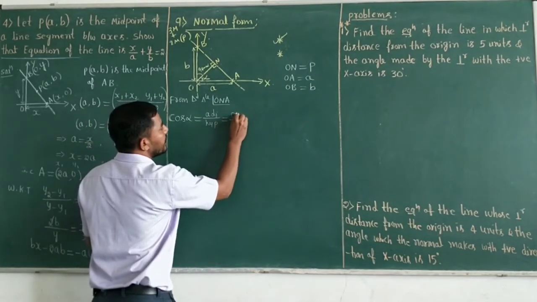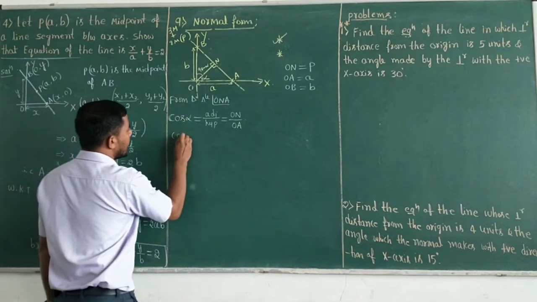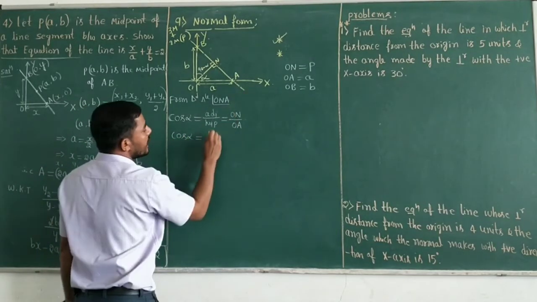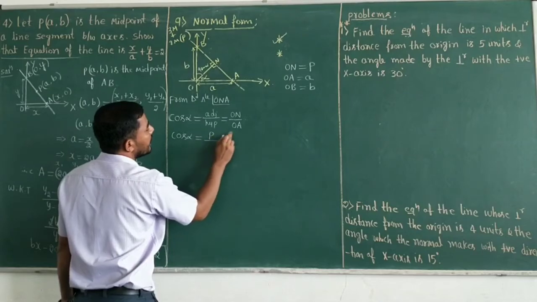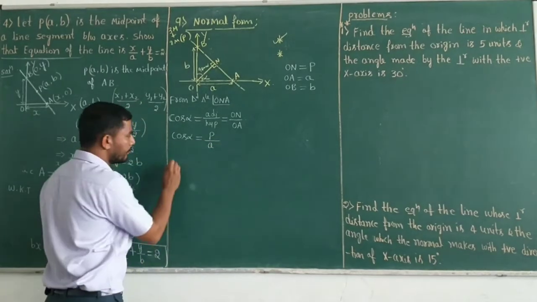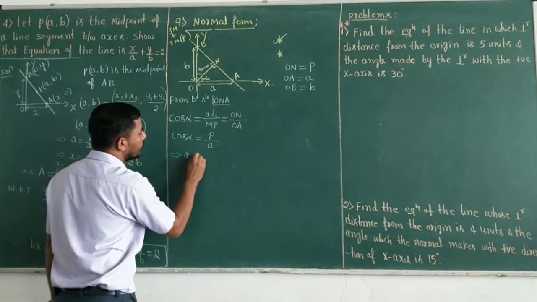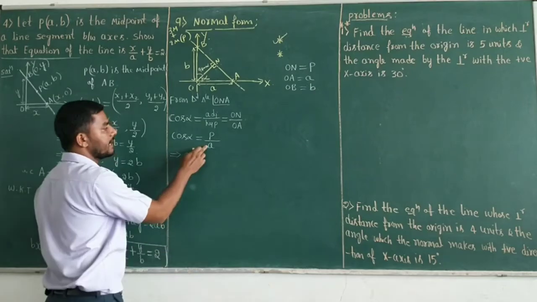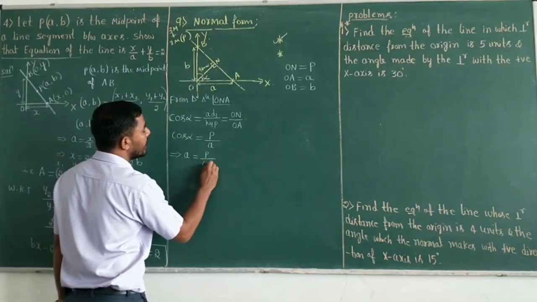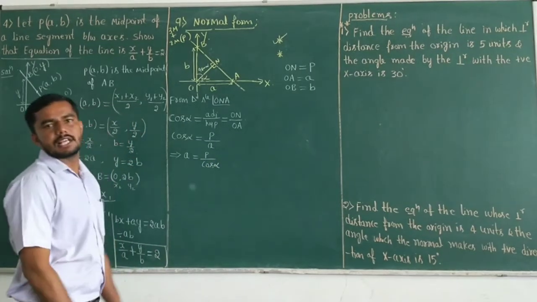So this is ON. And here cos alpha is equal to, what is ON? ON is nothing but P divided by OA. OA is nothing but A. Implies A is equal to, cross multiply, then we get P divided by cos alpha.